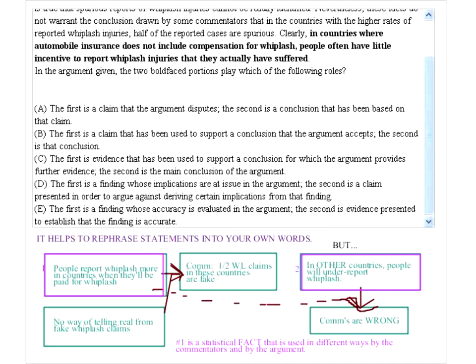Number 2 is evidence that only is used for my argument. Number 2 is support for my argument against the commentators, and it's not used by the commentators.